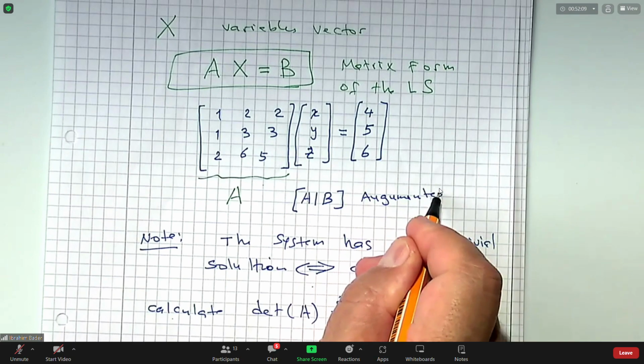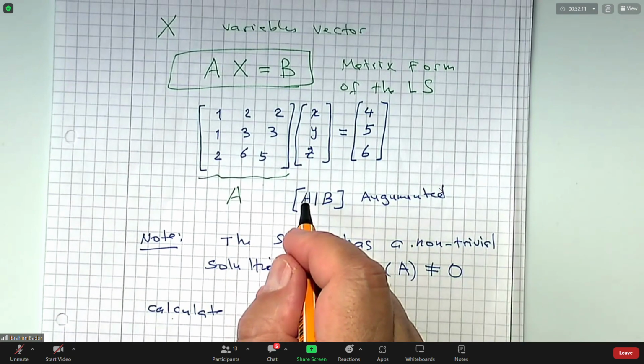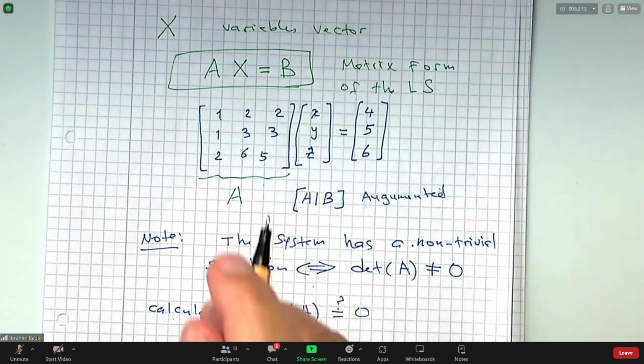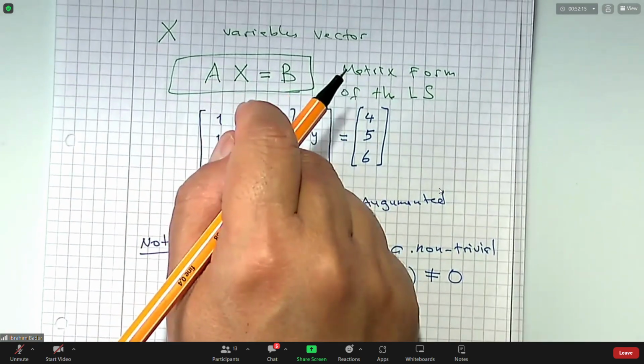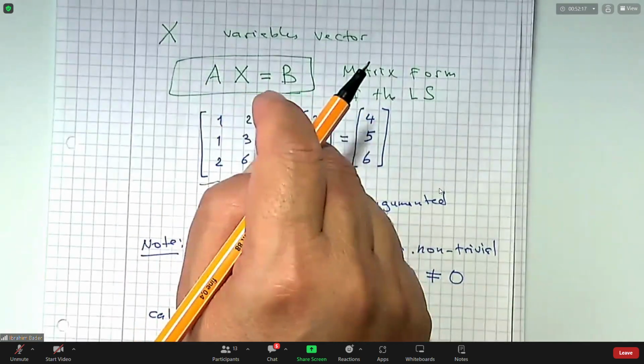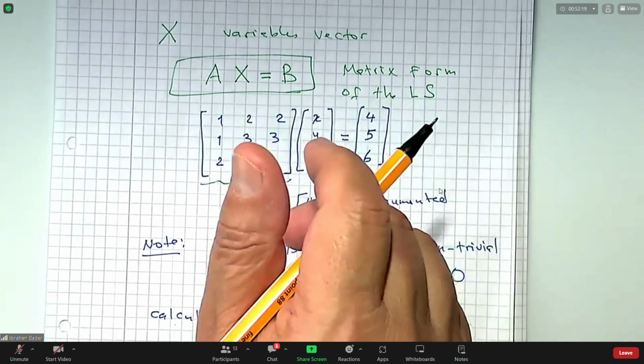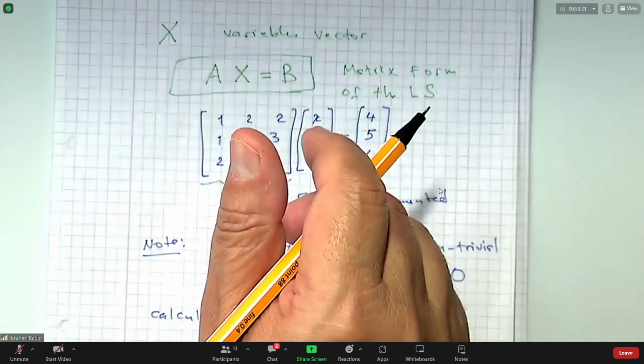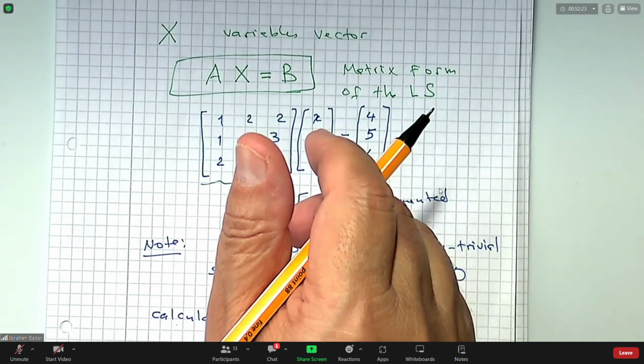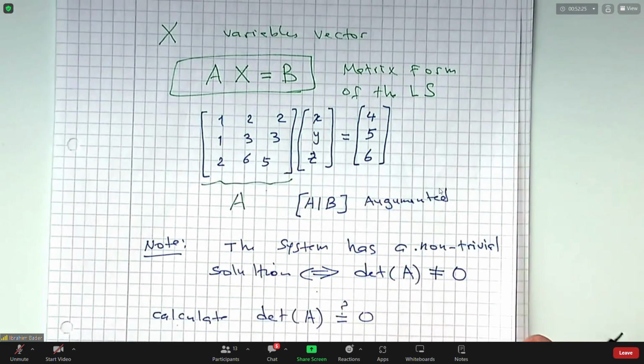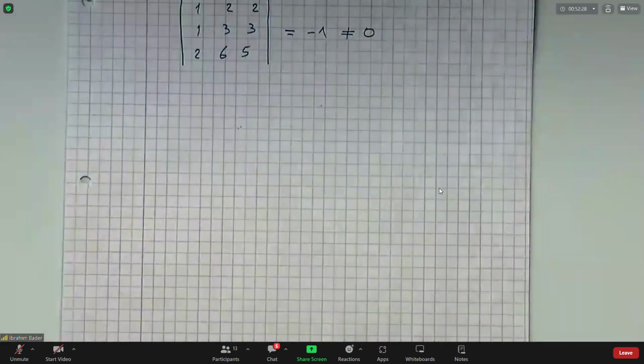The augmented matrix is A, and you add to it one column. So this is a 3 by 3 matrix. It will become a 3 by 4 matrix because we add a new column. This matrix here, we will work on it.